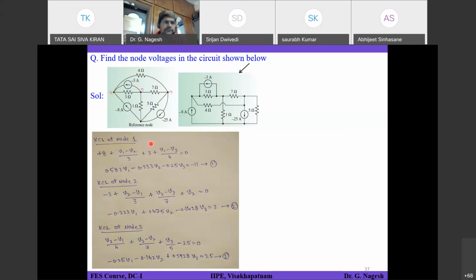Sir, our main objective is to write the current which is leaving the node? Yeah, you should follow one standard convention. I am following all the currents leaving the node. That is what I am following in the entire course. If you want to follow some other method, you follow that same standard for the entire course.